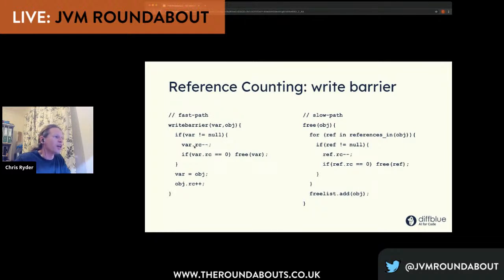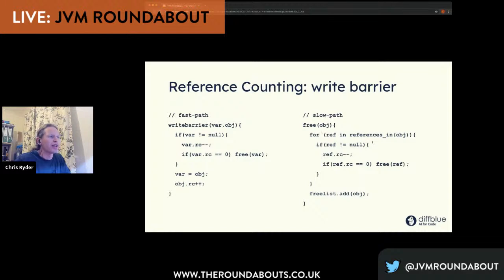If it's not, then you need to remove the reference, or decrement the reference count, for that thing that it currently points to. And if that thing has now gone to 0, you need to free it. Otherwise, you just overwrite the variable with the new value, and then you update the reference count for that object that you've just created a reference for. That's the fast path. So we hope that should be relatively fast.